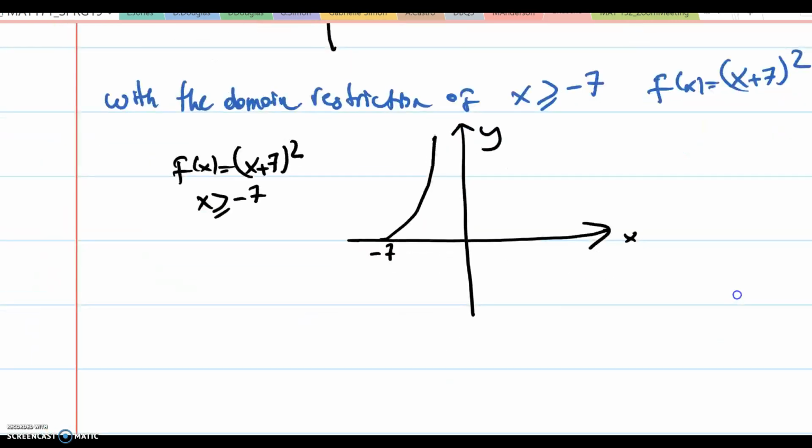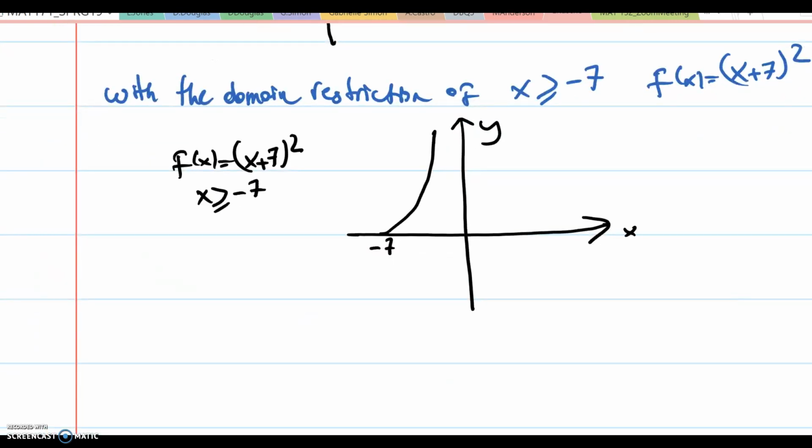Okay. So then, if that's the case, my f inverse, I can align like this. Remember, f and f inverse are symmetric with respect to y equals x.